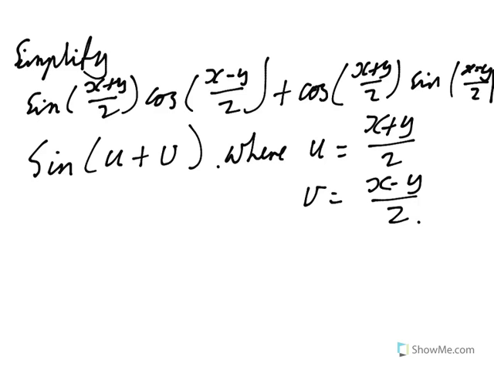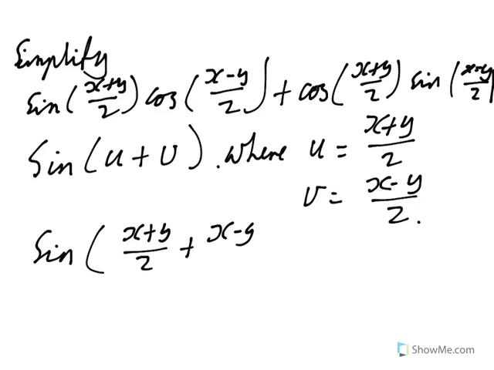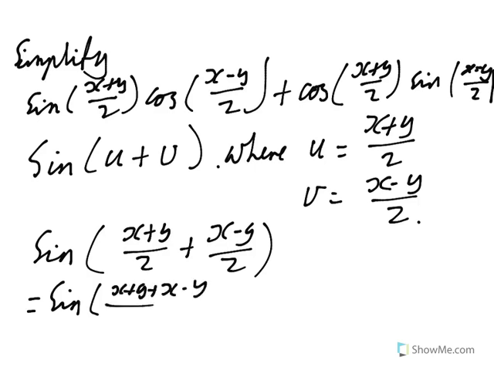Alright, so what it simplifies to then is sine of x plus y on 2 plus x minus y on 2. And when you put all of that together on our common denominator, you get x plus y plus x minus y on 2.